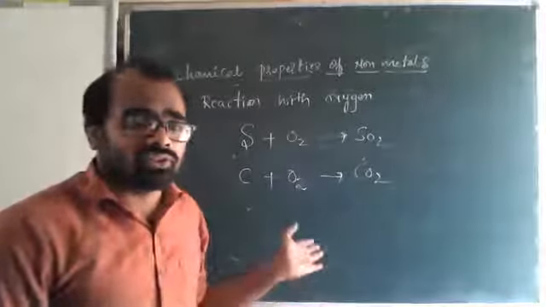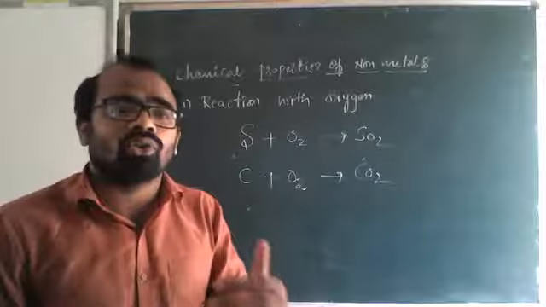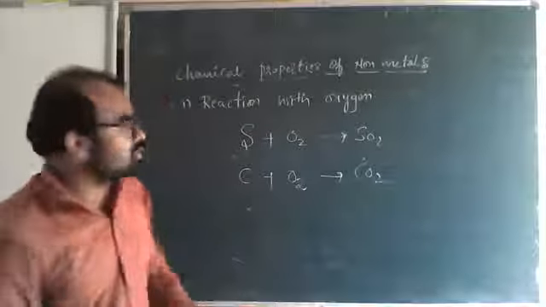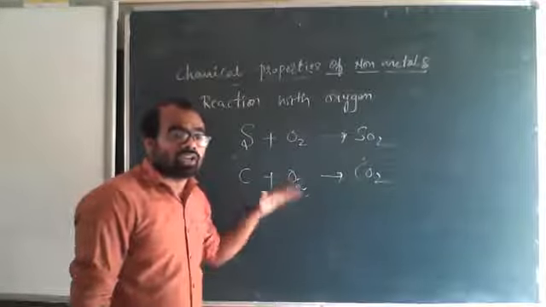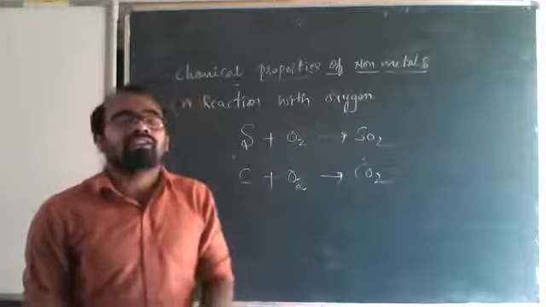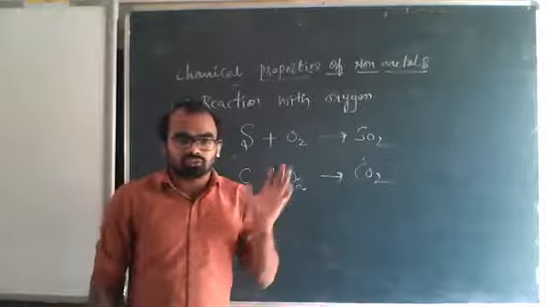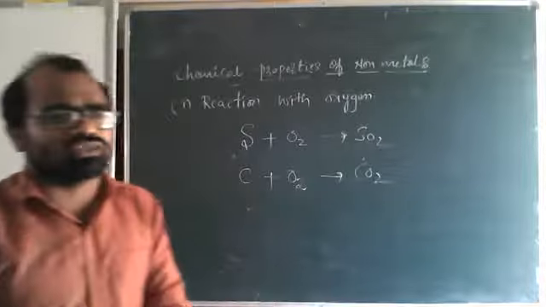Why? Because they convert blue litmus paper to red litmus paper. So we can say that these non-metallic oxides are acidic in nature. I hope you all are clear with this point. So first one is over.